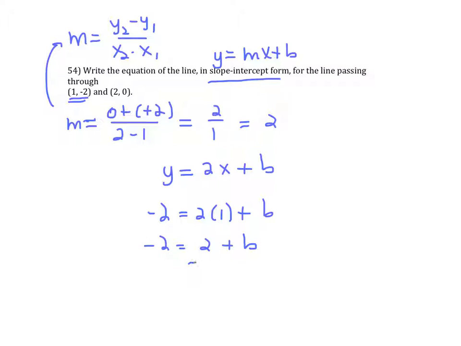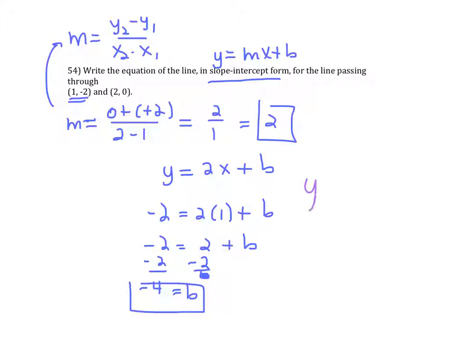Just be careful, we're subtracting 2 from both sides. It's not going to go to 0, but it's going to make negative 4 on the left-hand side. This is 0 right here though, but then we have b. So b is equal to negative 4. Our slope was 2. Pull it all together and write your equation. Y equals 2x minus 4.